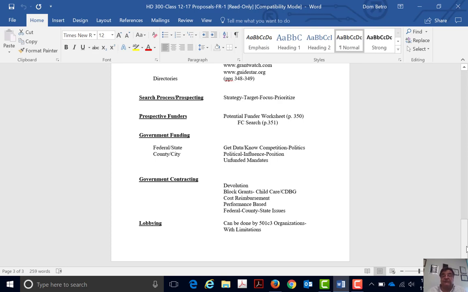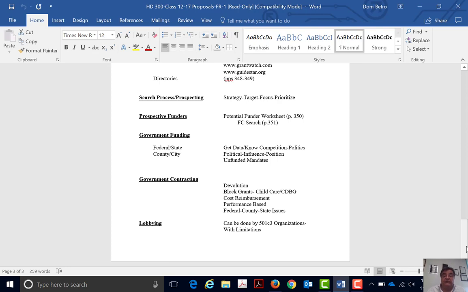Cost reimbursement, as we discussed when we talked about budgeting, is being reimbursed for your performance, what you're producing, versus just a line in a budget. And that leads into the performance base, which also sometimes is bigger picture issues like, did you improve the health and well-being of an entire community?